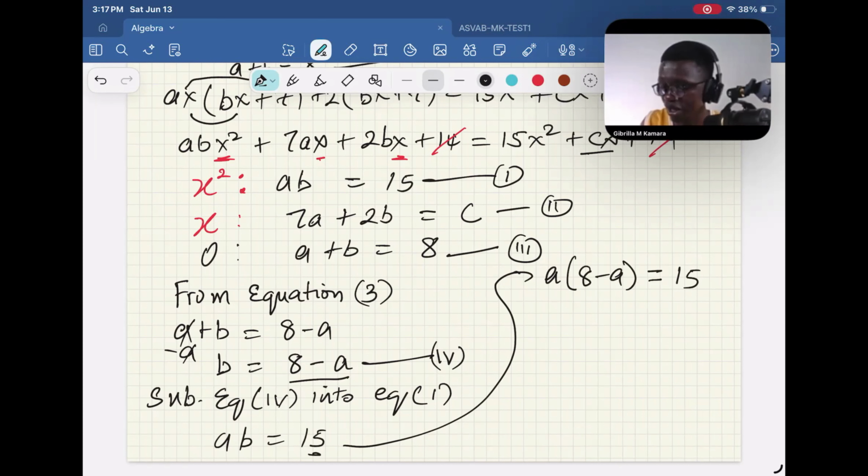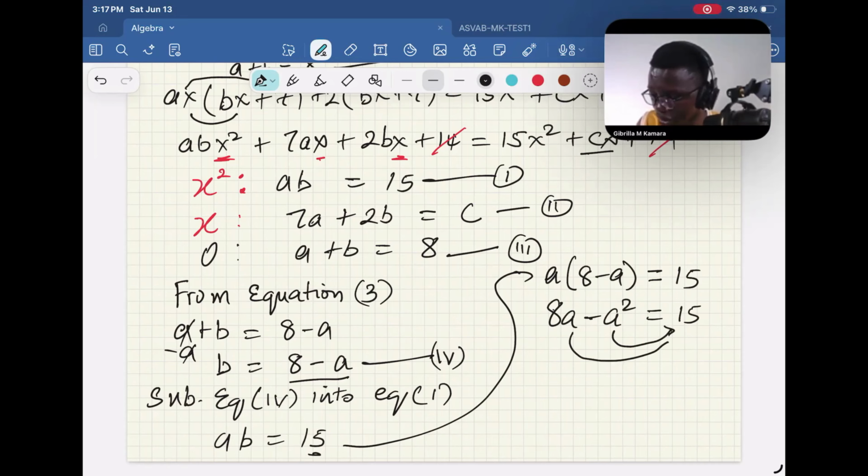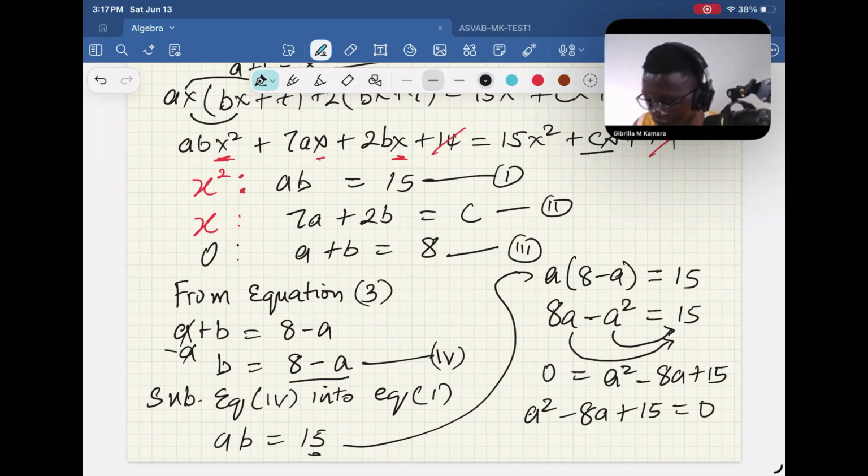So as you can see here, we're going to have 8a - a² = 15. If we transpose this to the other side, on the left we are left with 0 = a² - 8a + 15. The equation now becomes a² - 8a + 15 = 0.